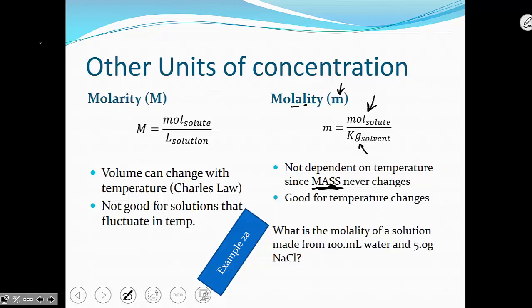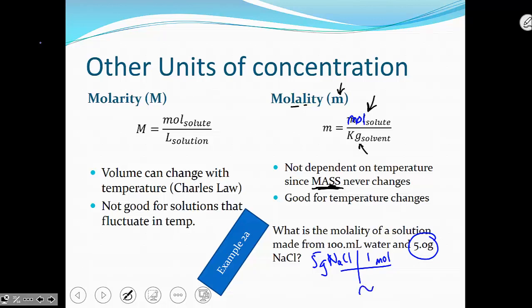So a molality problem would be example 2a in your packet. What is the molality of a solution made from 100 milliliters of water and 5 grams of sodium chloride? Sodium chloride is going to be our solute. So we are going to need how many moles this is. So 5 grams of sodium chloride, we have to convert this into moles.